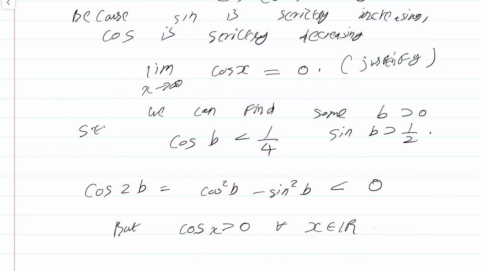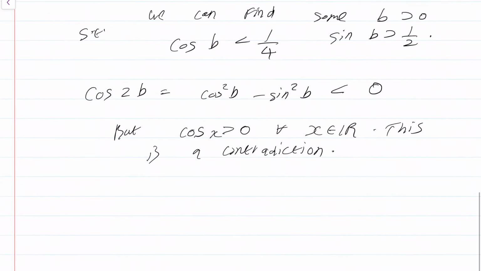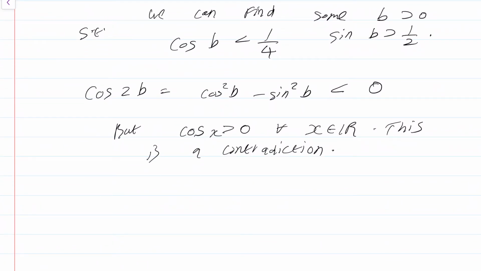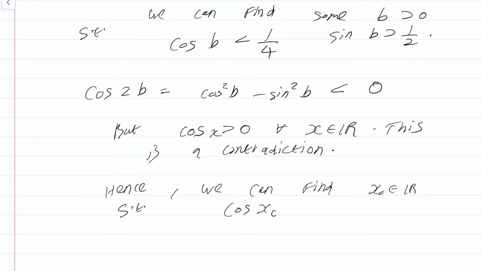This is a contradiction. Okay, hence our assumption is wrong. We can find x naught in R such that cos x naught is equal to 0.